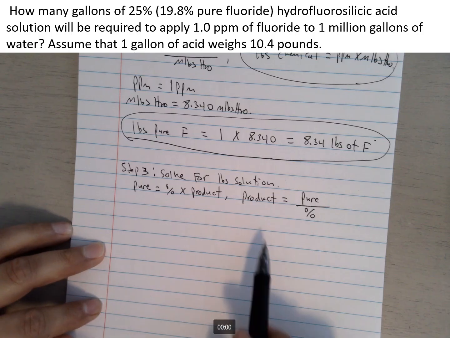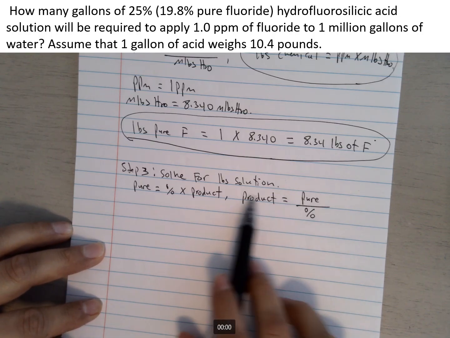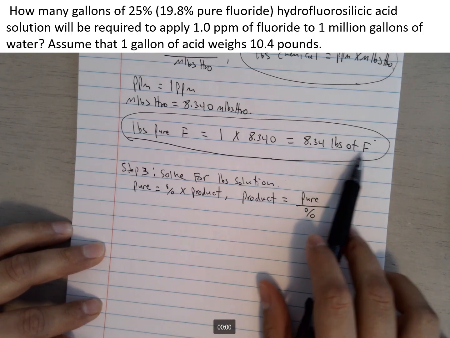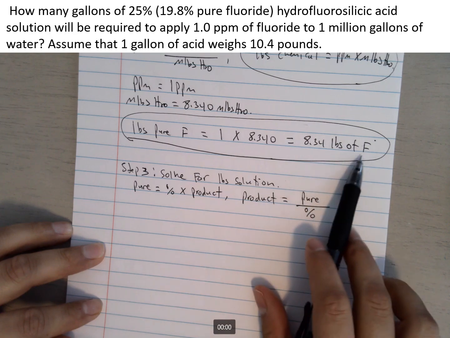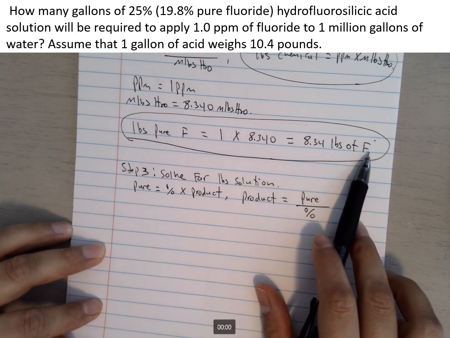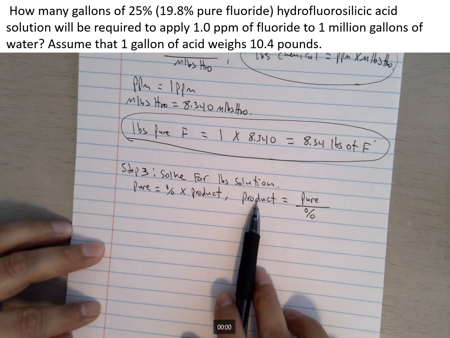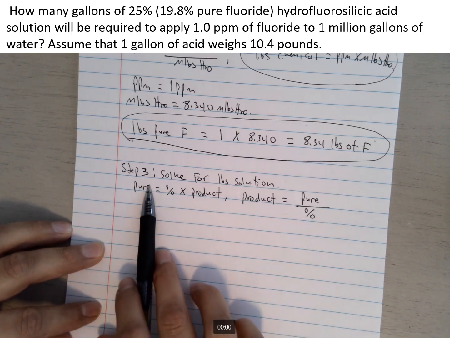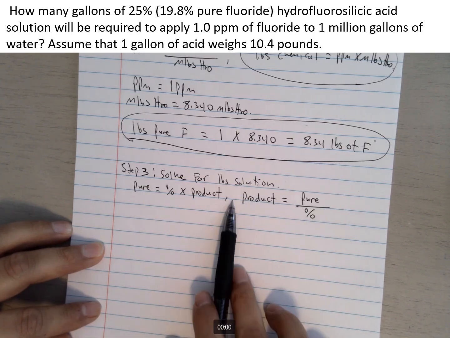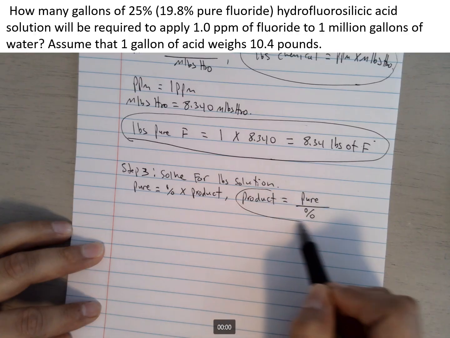So, step number 3, let's walk through this step by step, logic-wise. We have our pounds of pure fluoride ion, and we want to go to our pounds of product, or pounds of solution in this case. So the equation that we use will be the second one here.